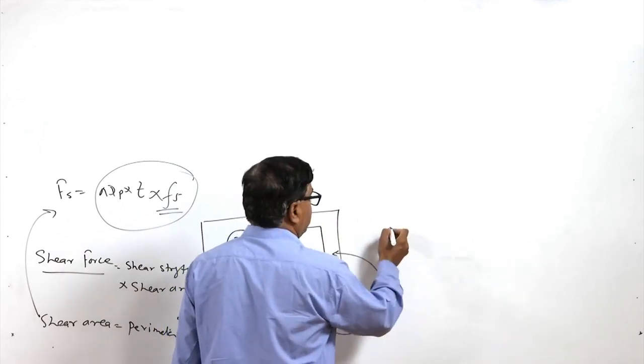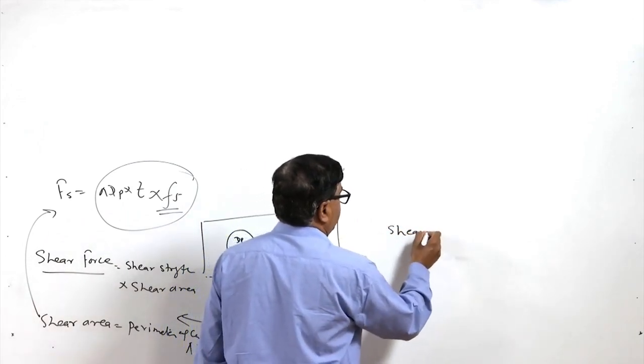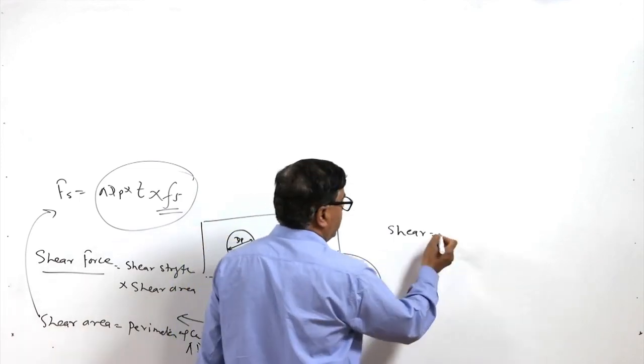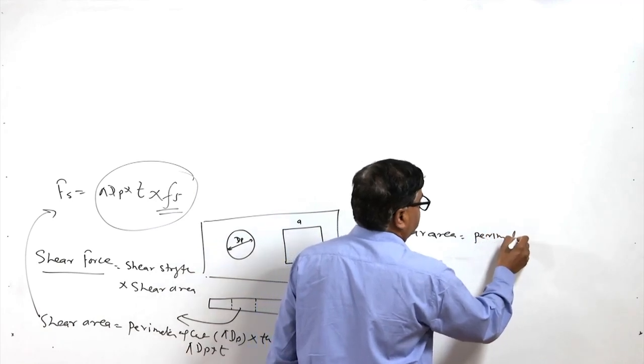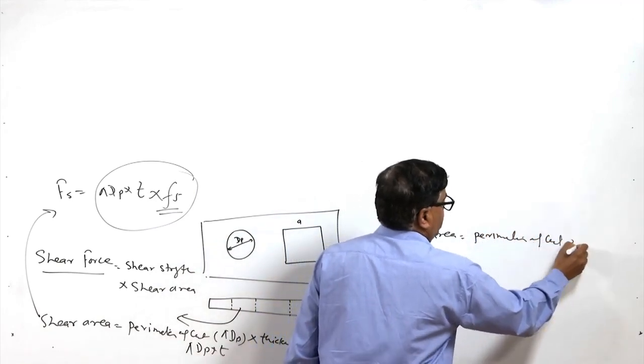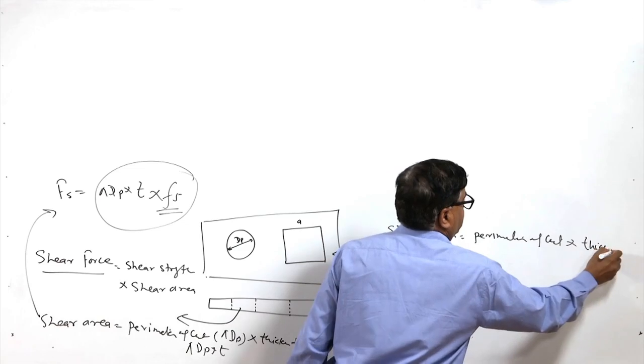In this case, the shear area can be obtained through the perimeter of the cut into the thickness of the sheet.